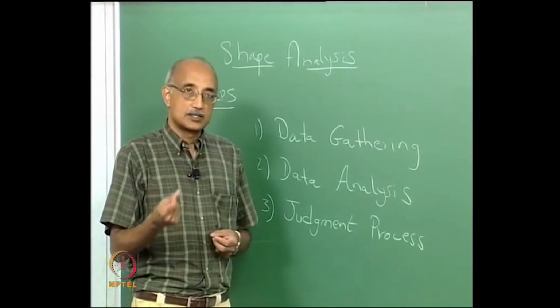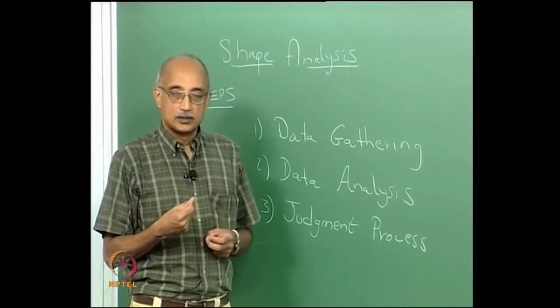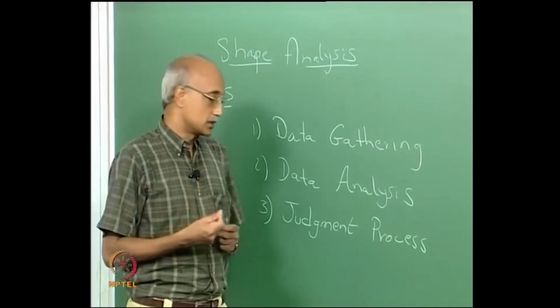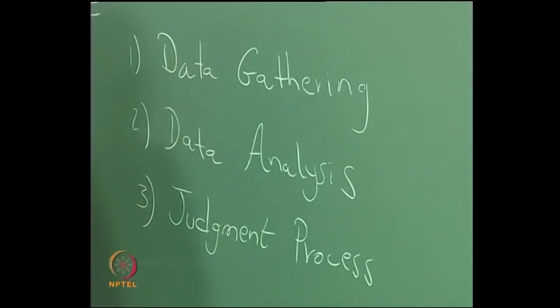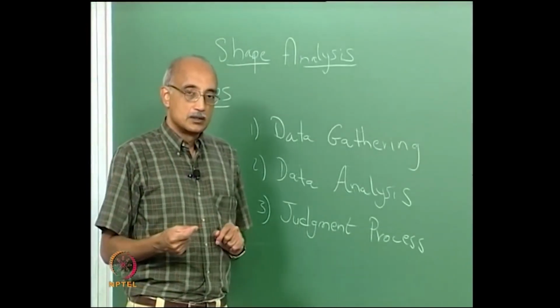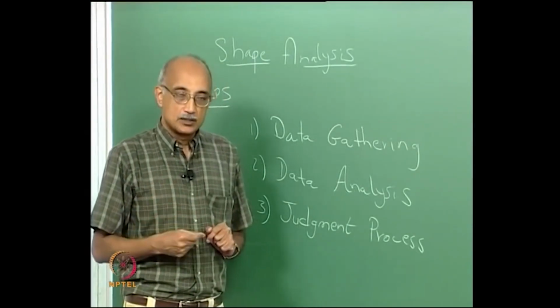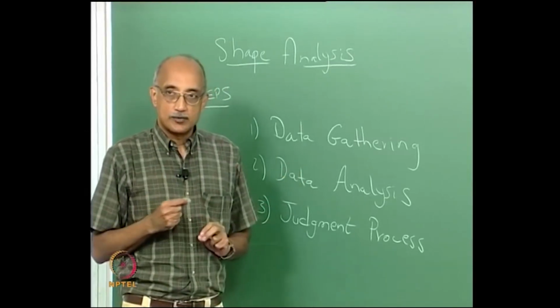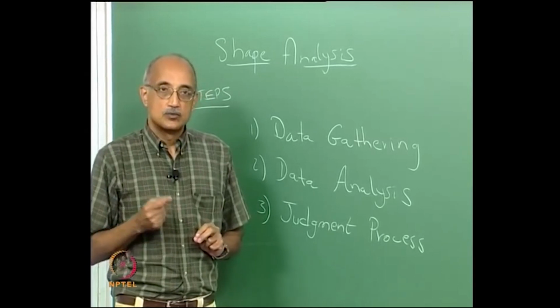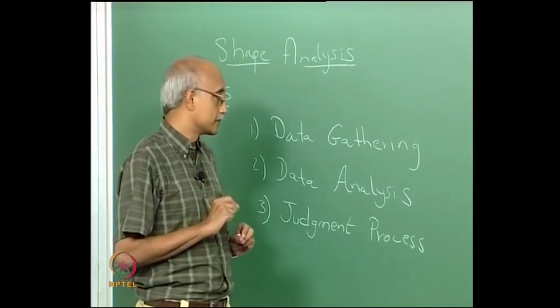Analyzing the data and extracting useful information out of it can be a more difficult aspect of our work. And finally the judgment process, and here is where you have to make a call on how much data is sufficient and what level or depth of analysis is sufficient for the purpose at hand.